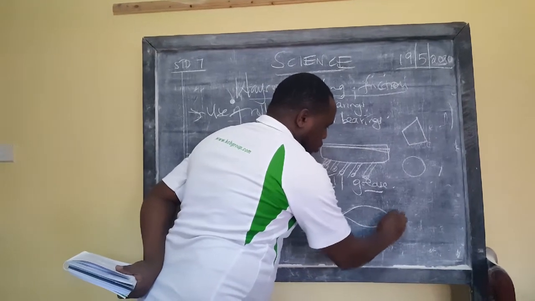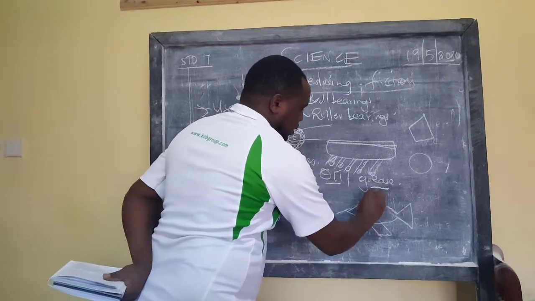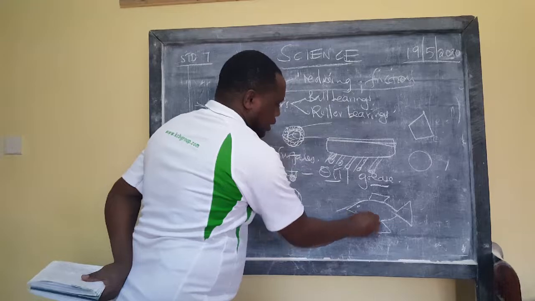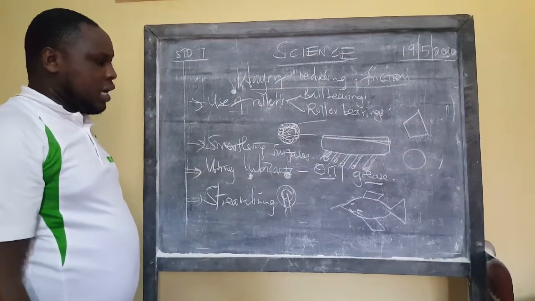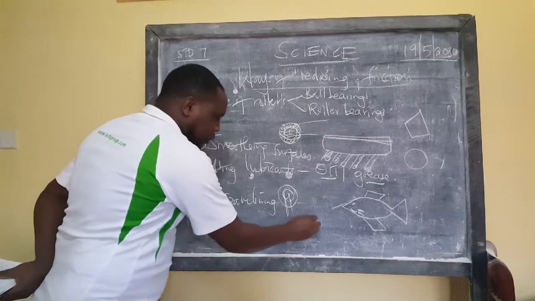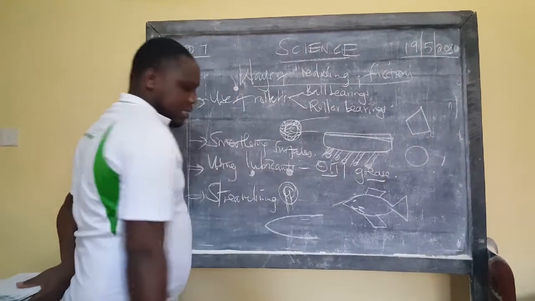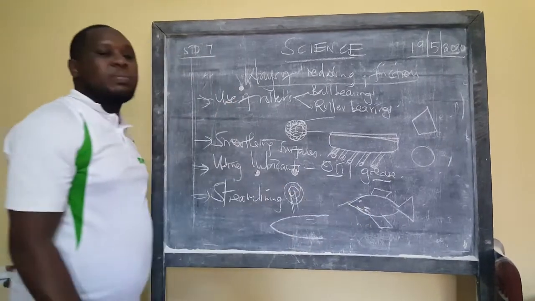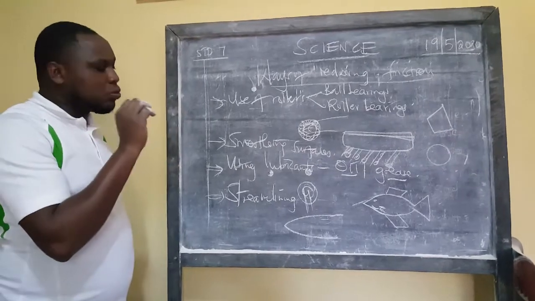I cannot draw so well, but I know you have seen a fish looks something like this, with some gills there. Look at the shape of the fish. Look at the aeroplane. An aeroplane looks like this. There's a reason why the front part of it is made like that: to reduce friction.